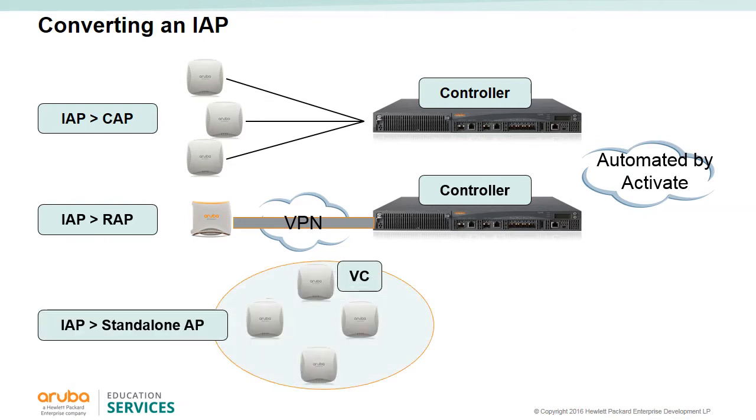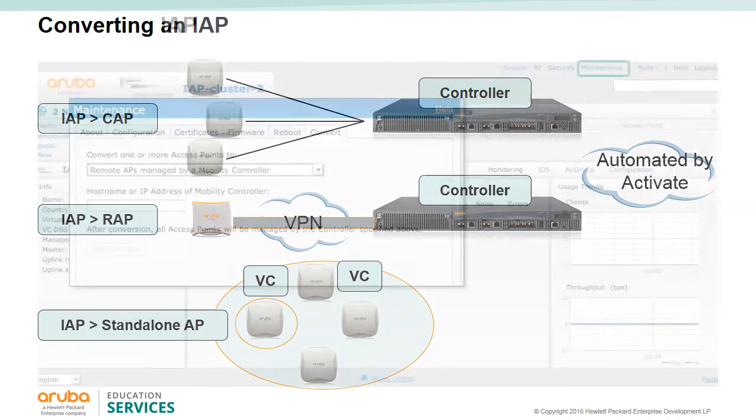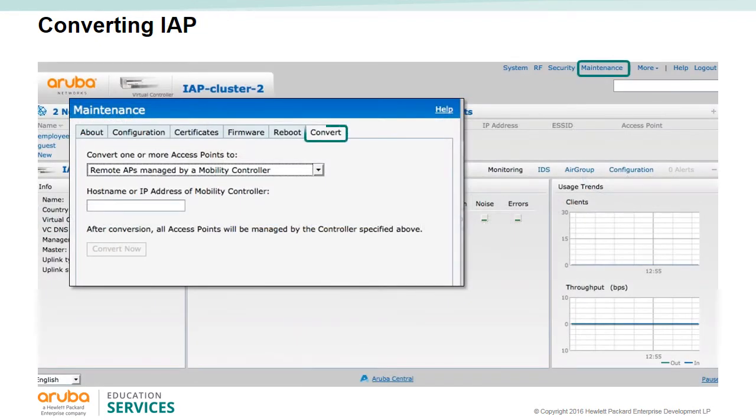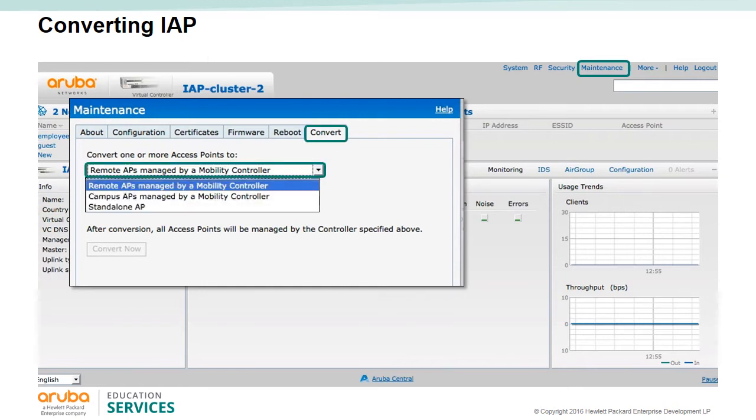Another option is to convert an IAP in the cluster to a standalone IAP. This IAP will form its own VC and can be configured separately even if it's in the same subnet. The remote AP conversion will convert all IAPs in this cluster to RAPs. The VC sends the remote AP convert command to all the IAPs.